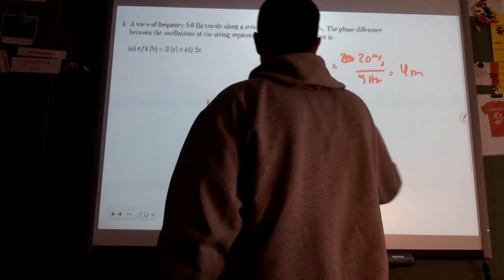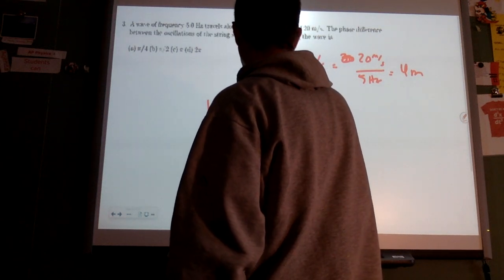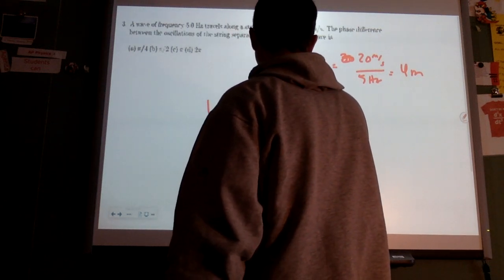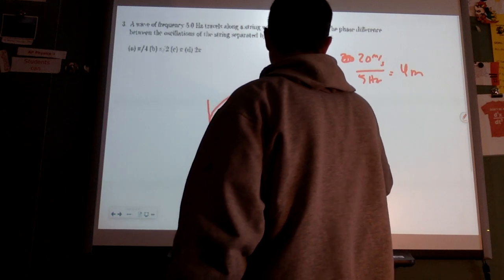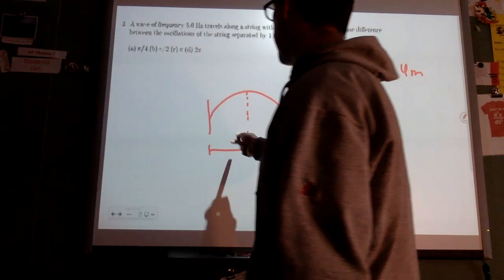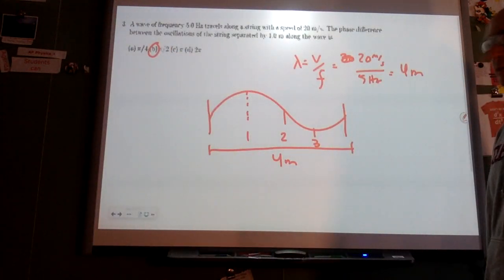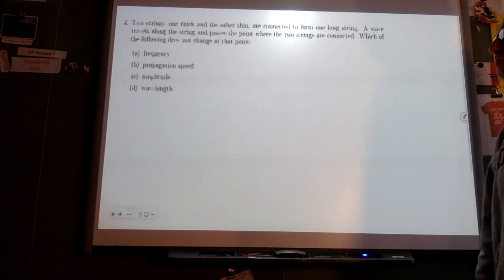So this whole thing is 4 meters. So that means that this is 1 meter, this is 2 meters, this is 3 meters, and that's 4 meters. So this would be a pi over 2 difference, right? Because the whole thing would be 2 pi.